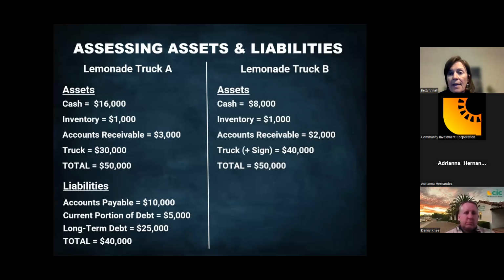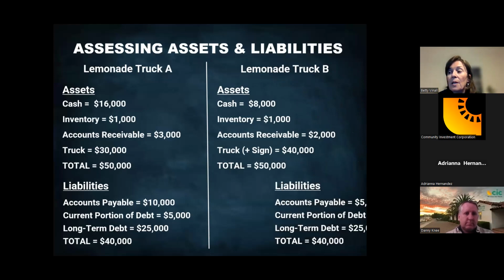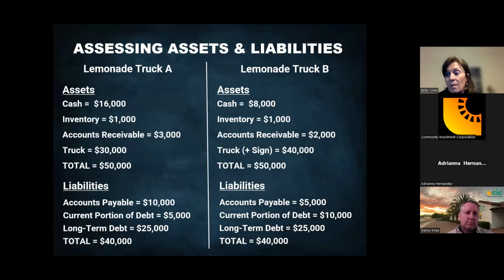They have $8,000 in the bank, $1,000 in inventory, $2,000 in receivables, and their truck has that cool lemon on the top, the sign, so it's worth $40,000, giving them $50,000 in assets. The liabilities are accounts payable $5,000, current portion of debt is $10,000, long-term debt is $25,000 for a total of $40,000.